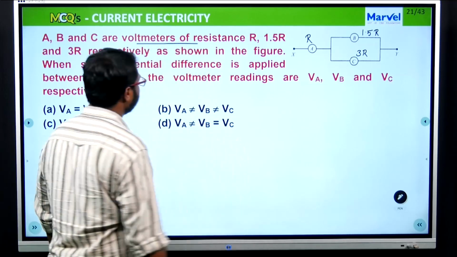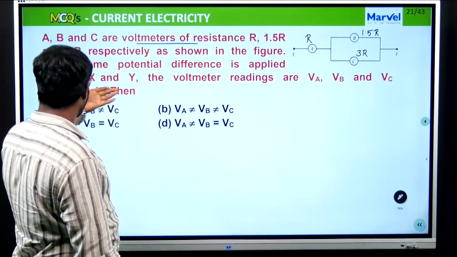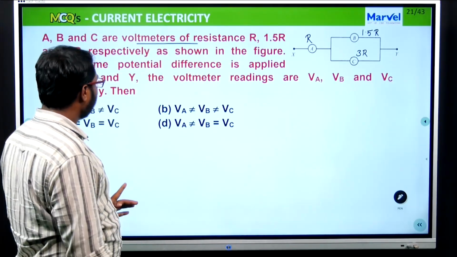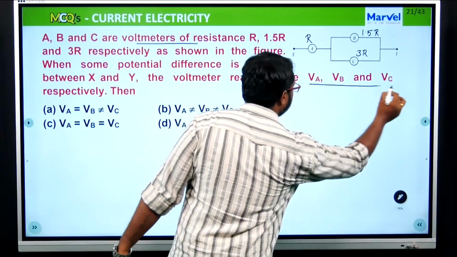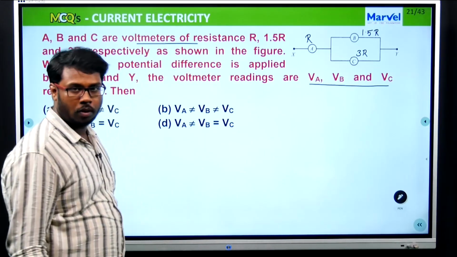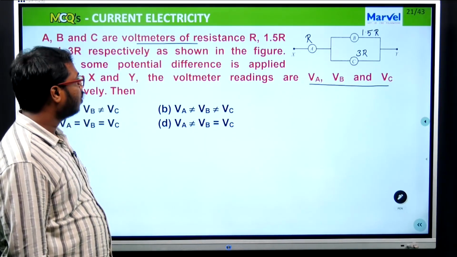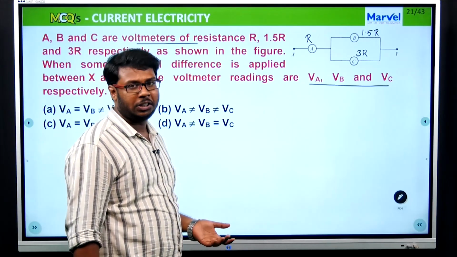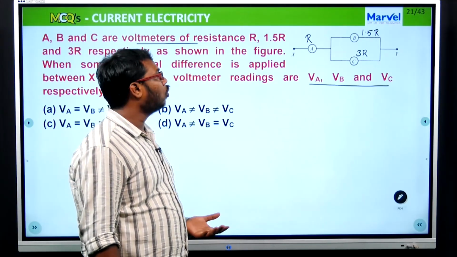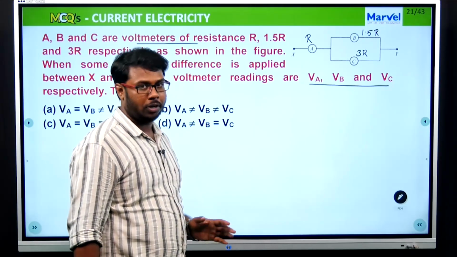When some potential difference is applied across X and Y, they are asking what these three voltmeters show. Since each voltmeter has a different resistance, the current flowing through each voltmeter will also be different.